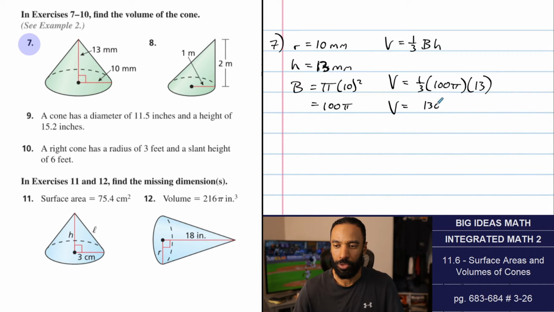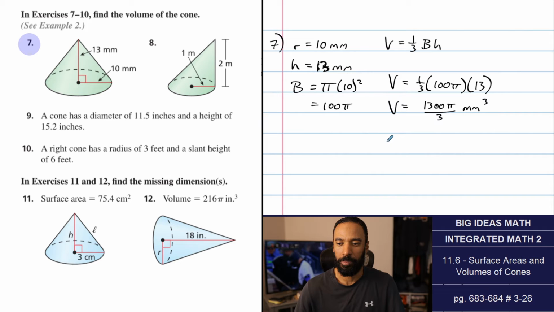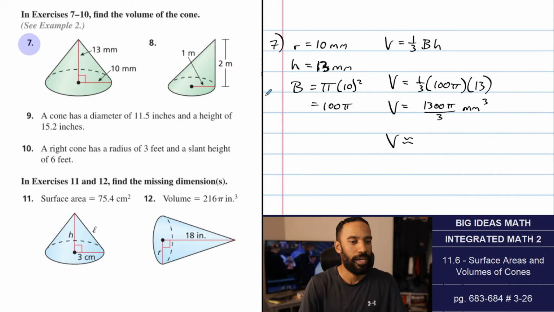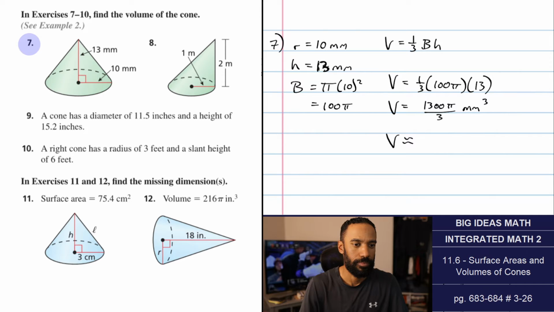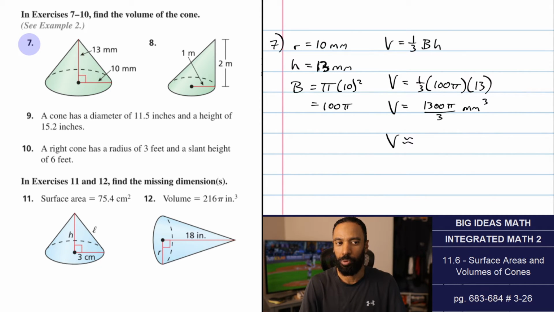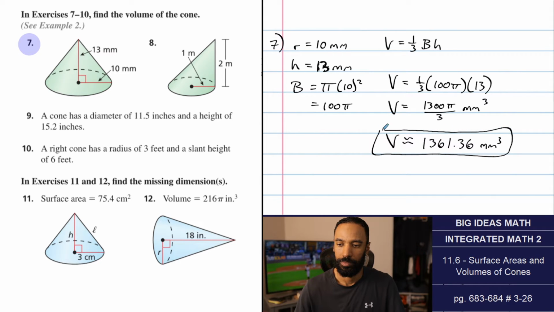We'll leave it, 1,300 pi over 3. This is cubic millimeters, and now let's do the rounding of that. So 1,300 pi divided by 3, and we get 1361.36 rounded. 1361.36 cubic millimeters. All right.